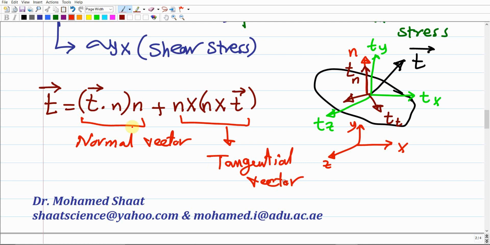Because the dot product of two vectors gives a scalar quantity, but multiplied by n it is still a vector, so this term is a vector that represents the normal vector. And the cross product of two vectors gives a vector, and the cross product of the vector with n also gives a vector. So this is still the tangential component of the vector itself. Make sense?